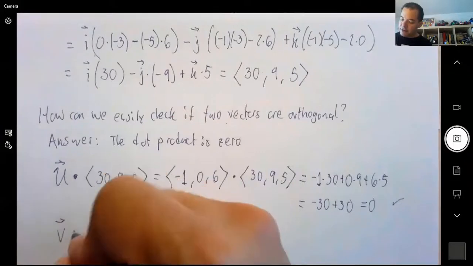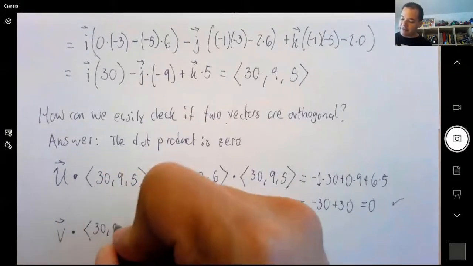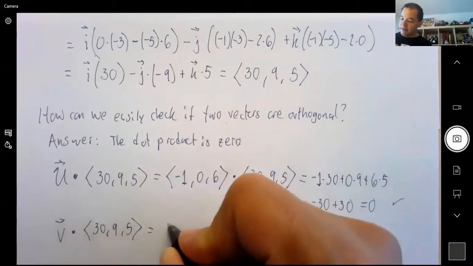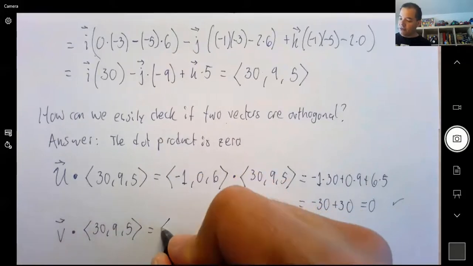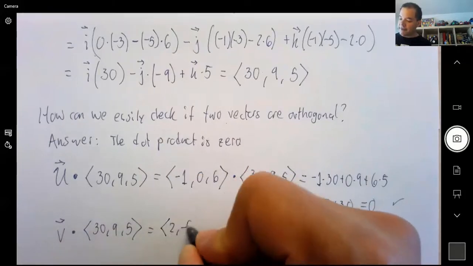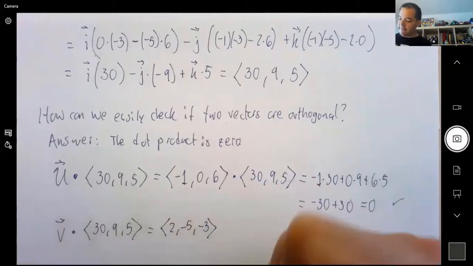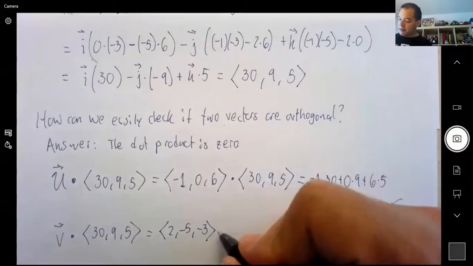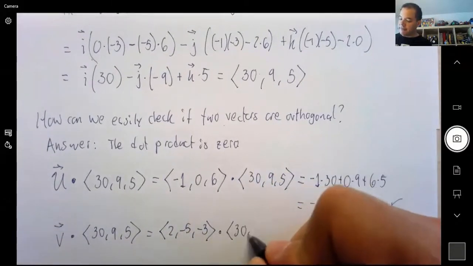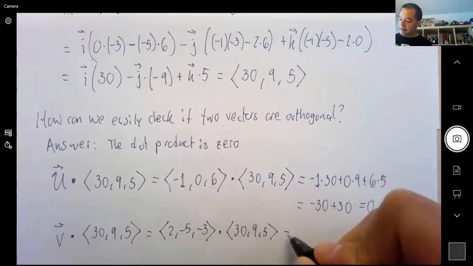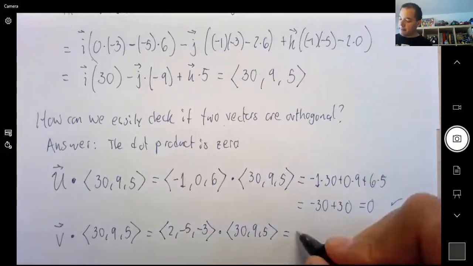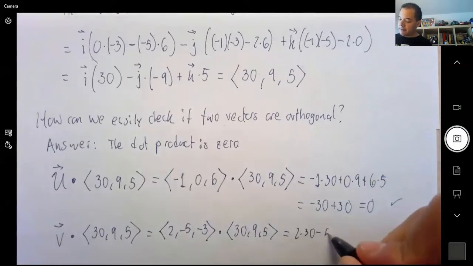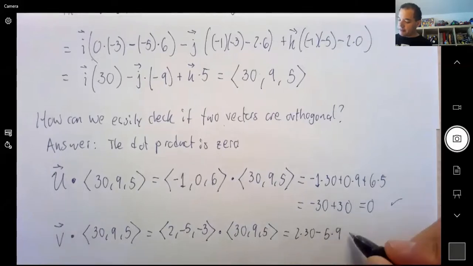What is v dot 30, 9, 5? Well, v is 2, -5, -3. Dot product with 30, 9, 5. It will be 2 times 30 minus 5 times 9 minus 3 times 5.